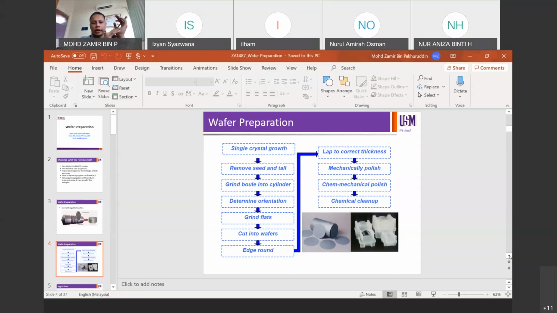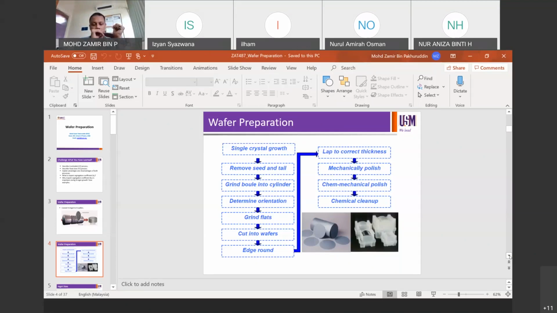Once we have ground the bowl into a perfect cylinder, we determine the orientation, which is based on the seed that we use during the growth process. So it's either 100 or 111 or 101 or whatever. Then we have to grind the flats.